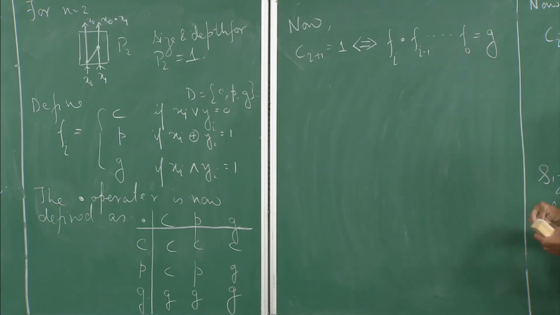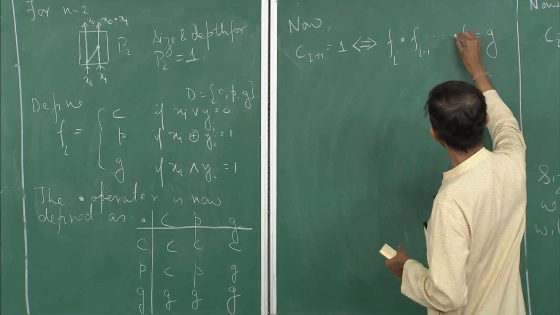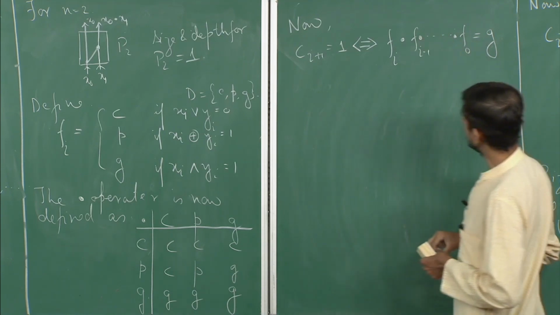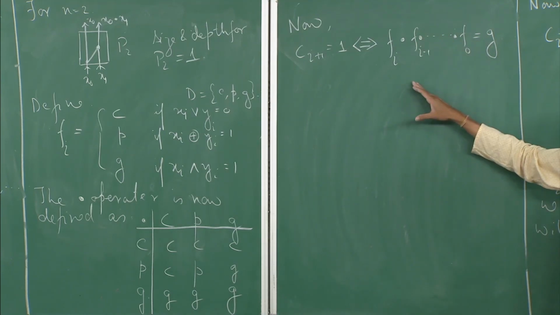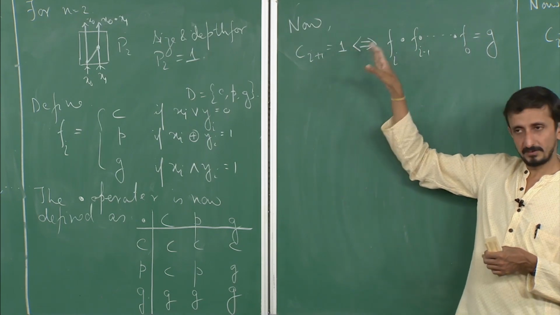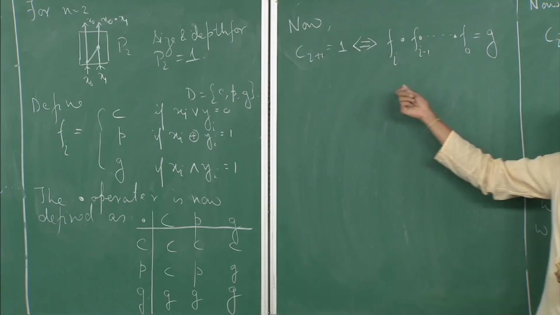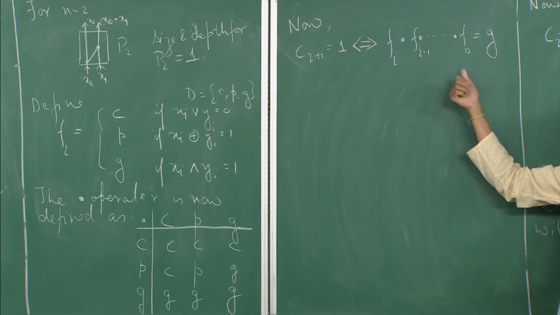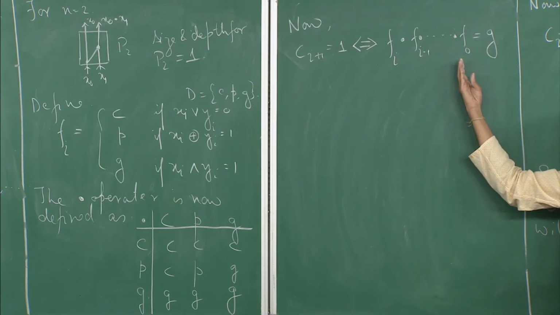So, what is this saying? At some position, my carry bit Ci plus 1 will be 1 if it was generated earlier at some point.